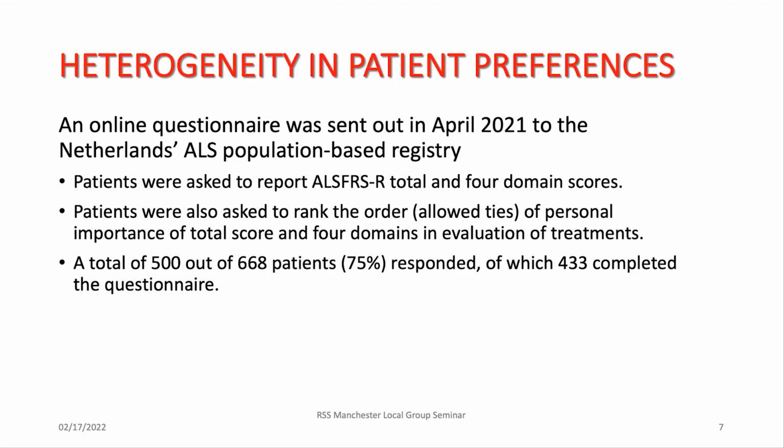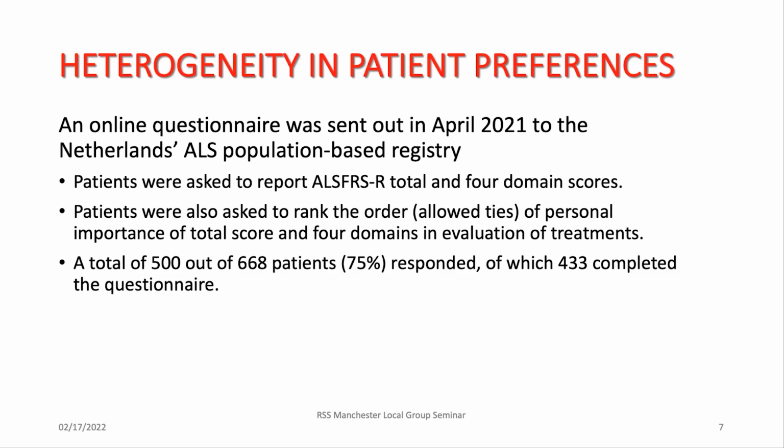Is it the total score, or one of the 4 domain scores? We asked them to rank not just one, but all of them in rank order, 1, 2, 3, 4, and we allowed ties. In other words, bulbar and fine motor are equally important, respiratory is equally important, but not the leg or arm, for example.